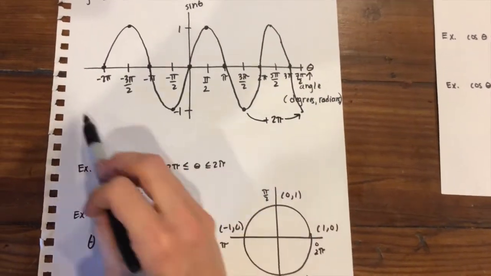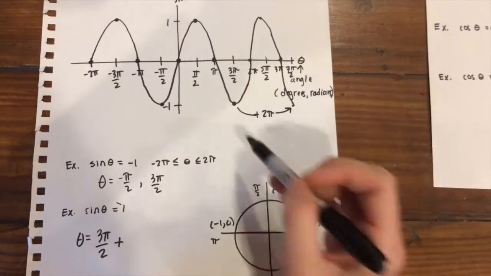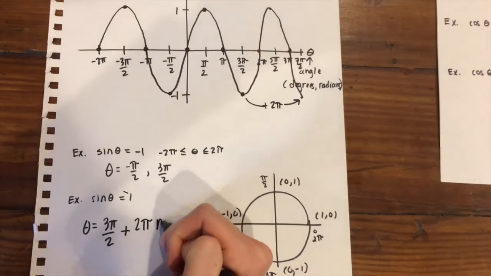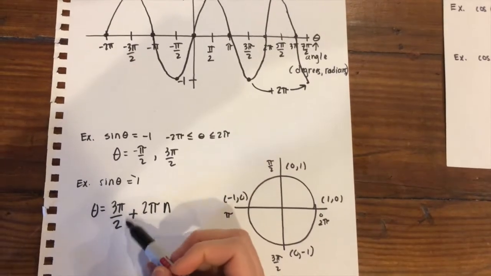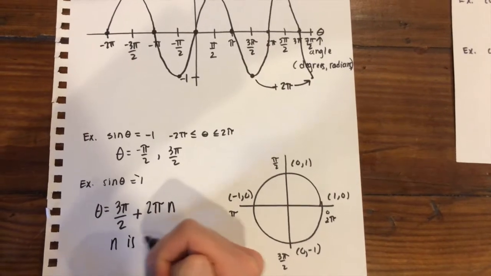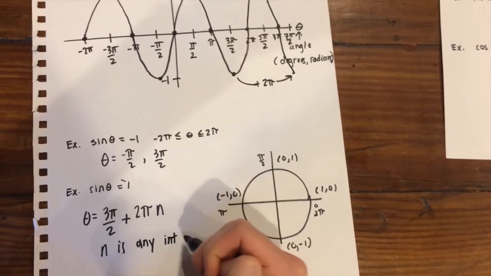Or you could subtract 2 pi to get to negative pi over 2. So you're adding 2 pi or subtracting 2 pi an infinite amount of times. So you say theta equals 3 pi over 2 plus 2 pi n, where n is any integer.